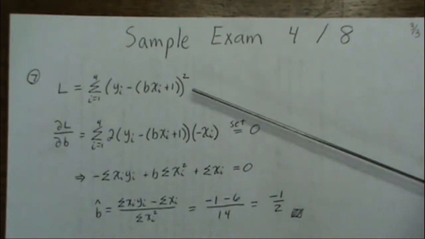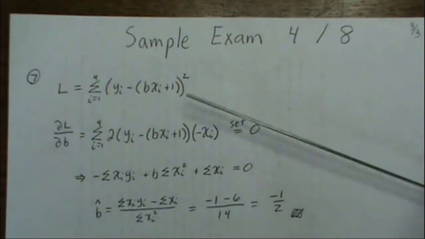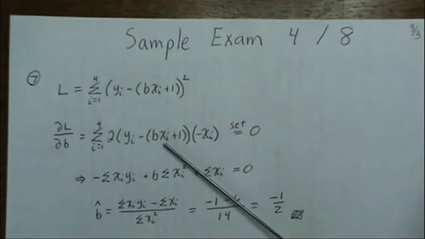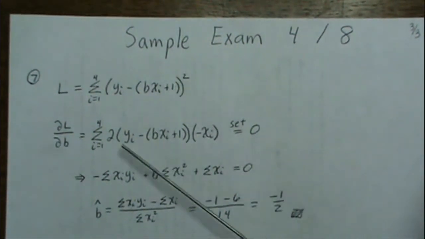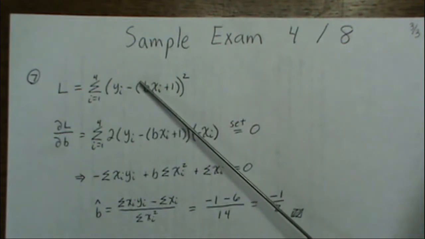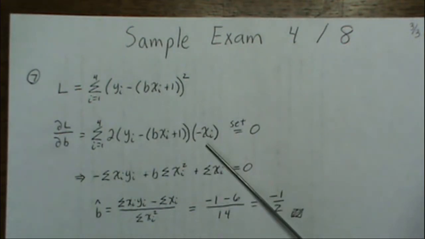We take the sum of squared errors, and take the partial derivative with respect to b of this, so we get 2 times this middle, then the 2 minus 1, and then times, using the chain rule, the derivative of that. We set it equal to 0.